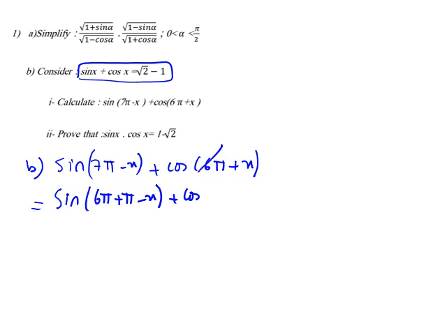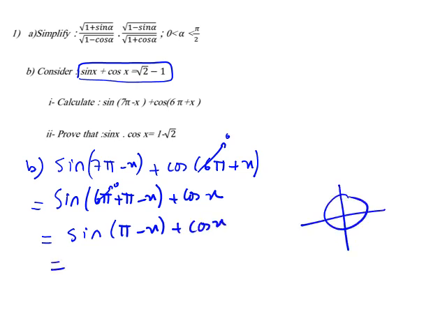Cosine of 6 pi plus x, 6 pi is 2k pi, so it is cosine x. So we have sine of pi minus x plus cosine x. Sine of pi minus x is positive, so it's equal to sine x plus cosine x, which is given as radical 2 minus 1.